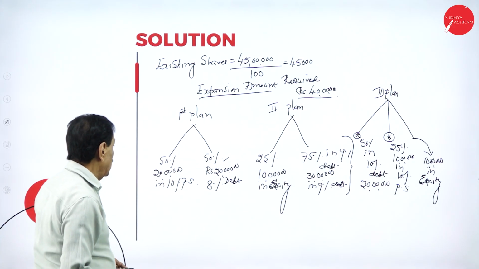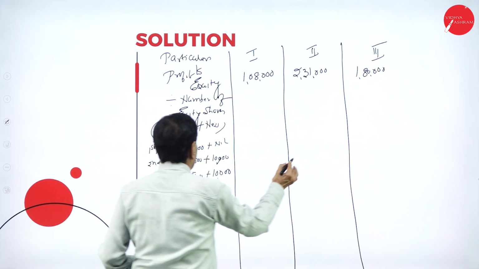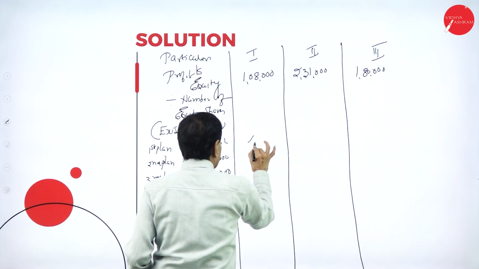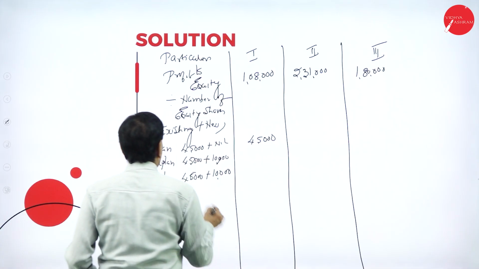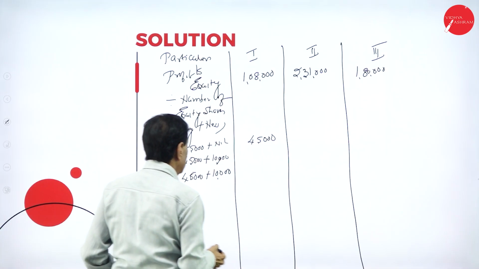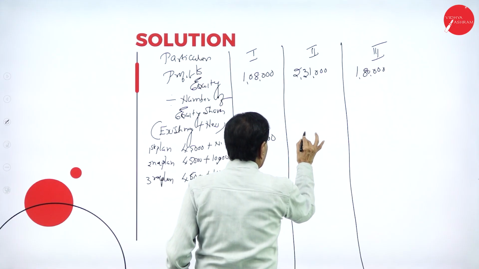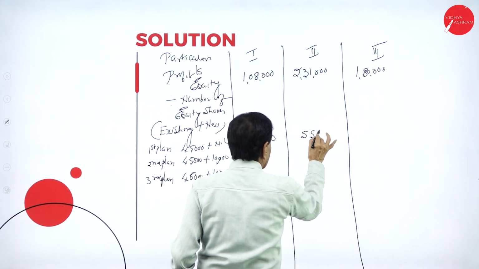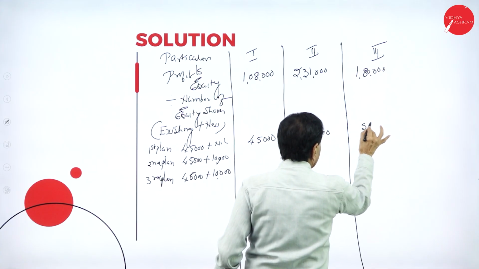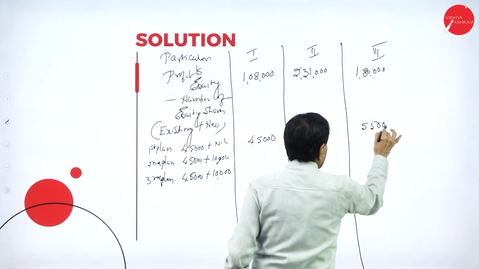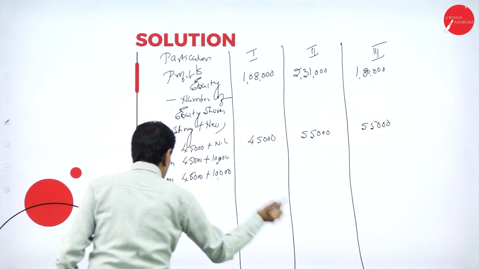Now come back here. 45,000 divided by number of shares 45,000. Second one 55,000. Third one 55,000.